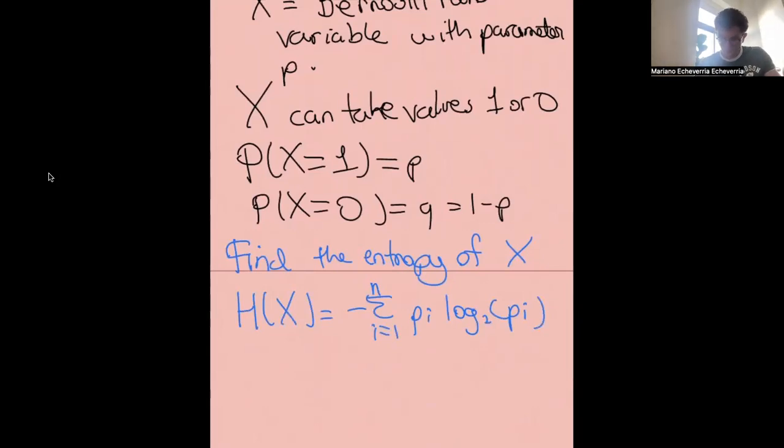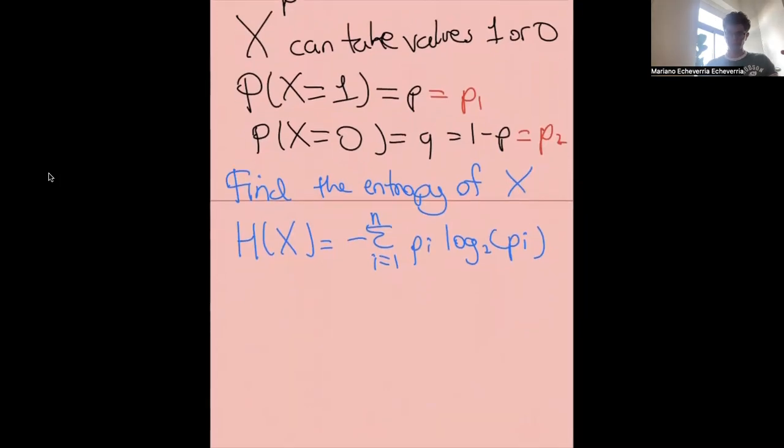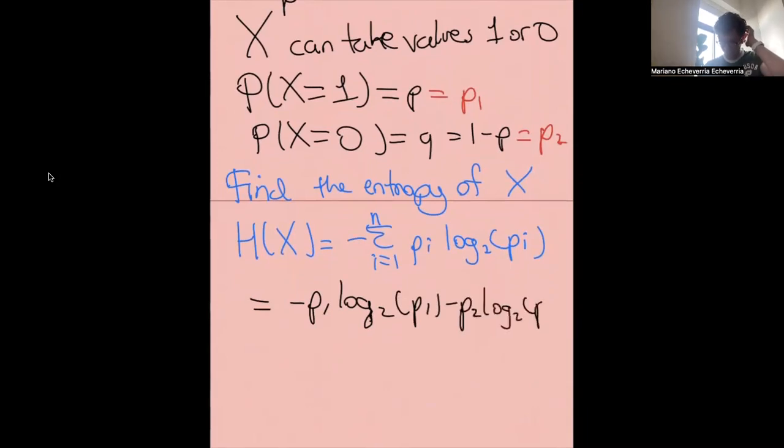You can think of this as a first probability and a second probability. So there are two probabilities in this case, which before I was calling P and Q, and I'm going to call P1 and P2. So it would be minus P1 log base 2 of P1 minus P2 log base 2 of P2. So that's the formula for the entropy.